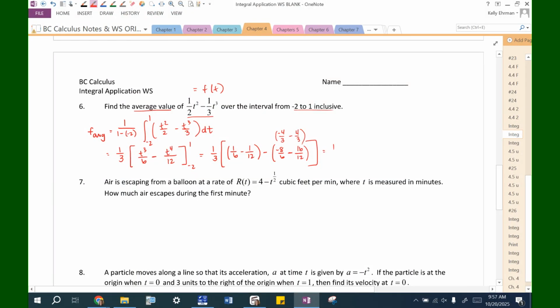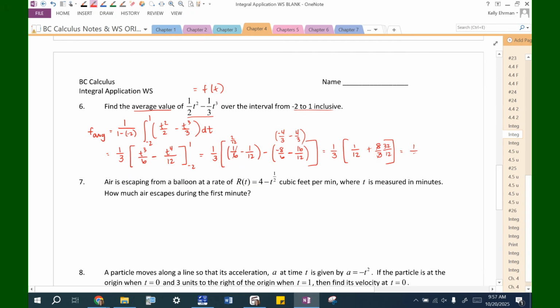Okay, so this is 1/3 times 1/6 will be 2/12. 2 over 12 minus 1 over 12 is 1 over 12. Minus -8/3, so plus 8/3. Let's change 8 so that it's over 12. Multiply by 4 over 4.